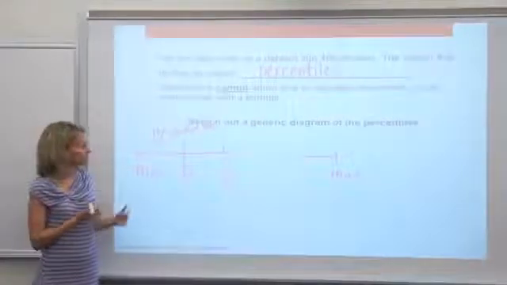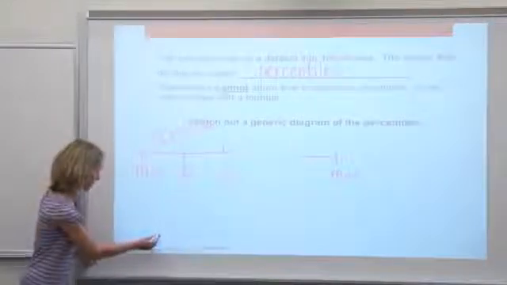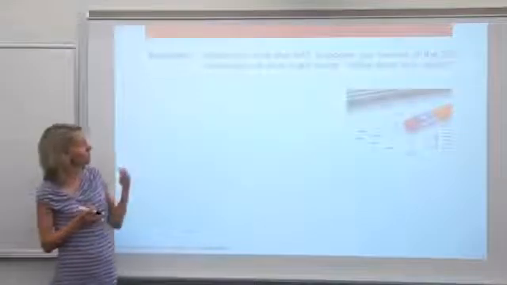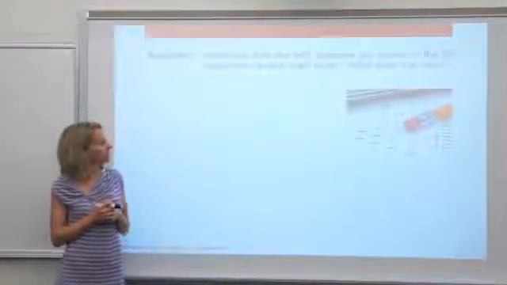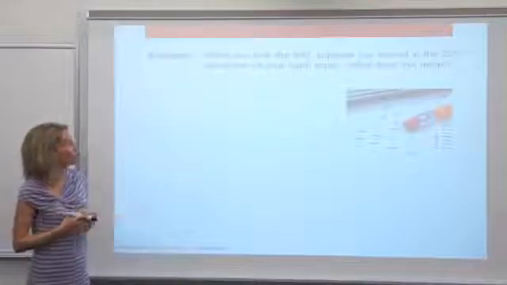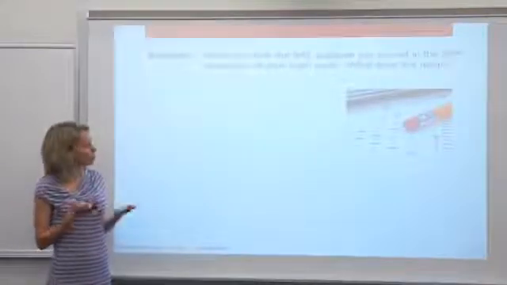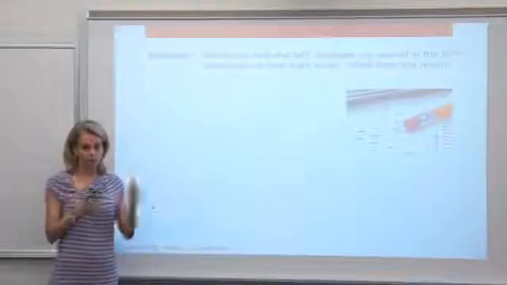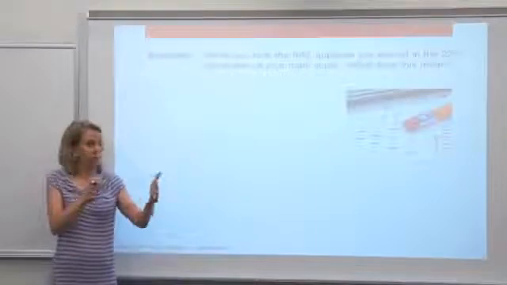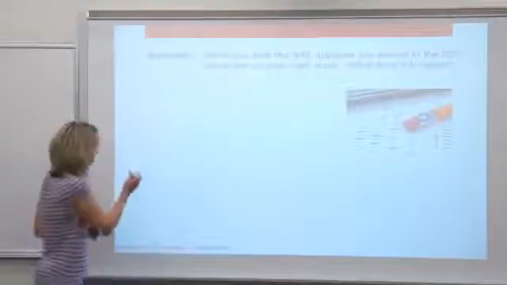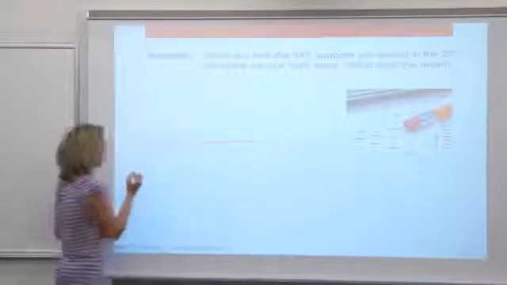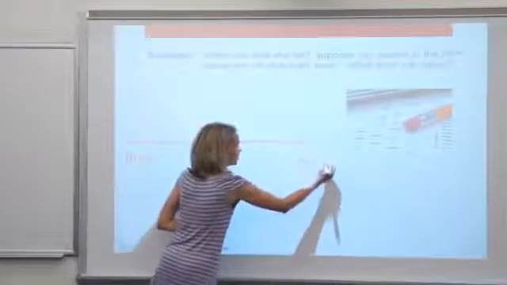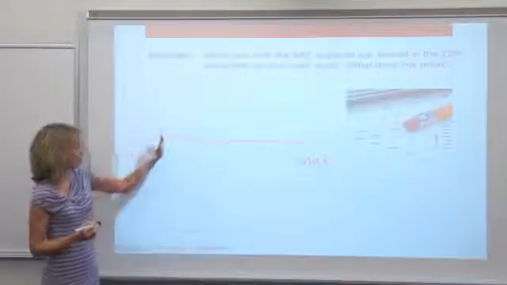Let's look at interpreting some percentiles to make sure we have a clear understanding of what they mean. So here's a common place where you'll see them. You take the SAT. They give you your score. In addition to your score, they tell you that you scored in the 22nd percentile on your math score. So what this tells you is where your score was relative to everyone else that took the math SAT. If these were all the math SAT scores, this was the lowest score, this was the highest score, you scored in the 22nd percentile.